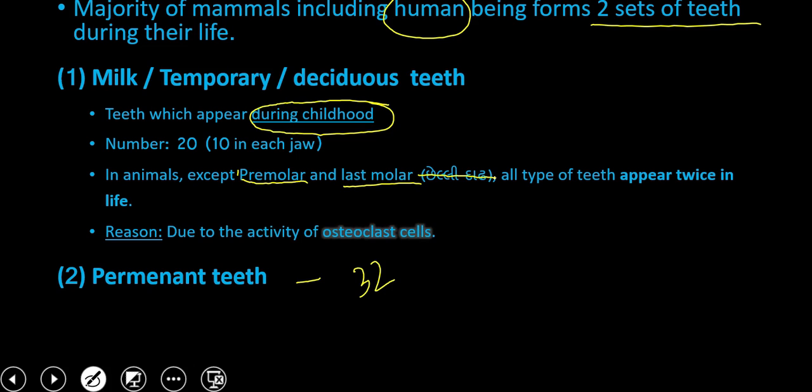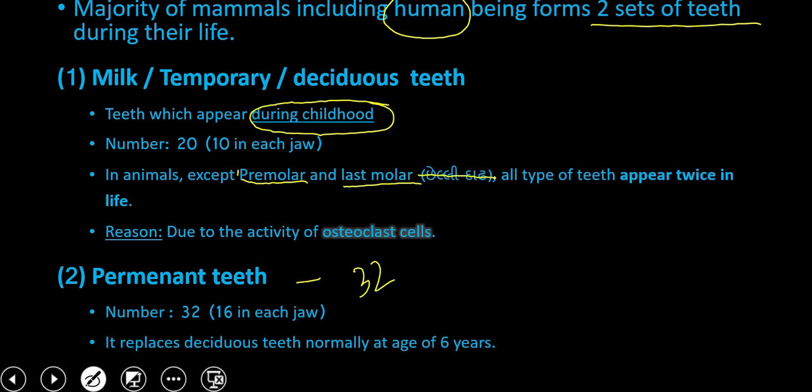So two molars, incisor and canine appear two times in our lives, while permanent teeth are 32, 16 in each jaw, and they replace deciduous or milk teeth normally at the age of 6 years. After 6 years, the milk teeth start to be replaced with permanent teeth.